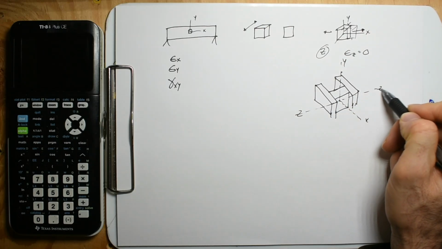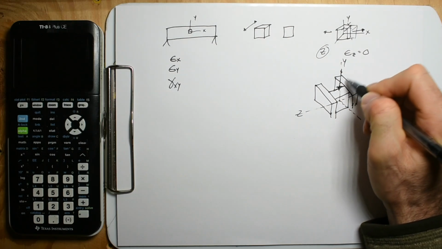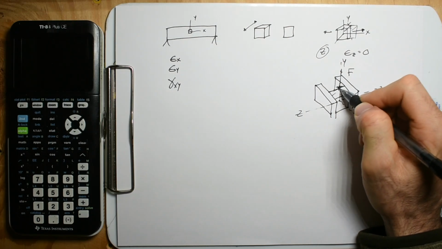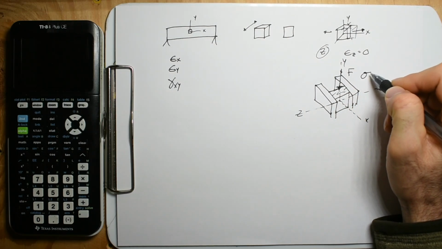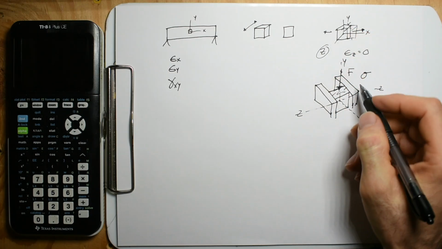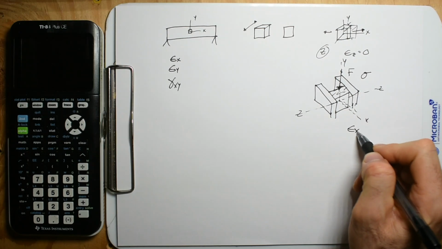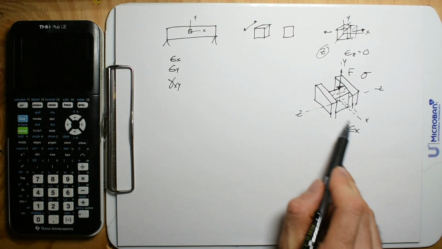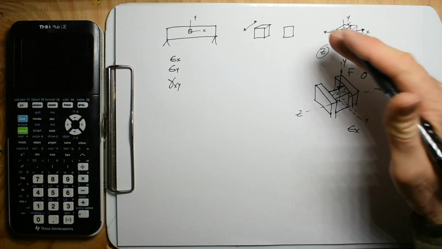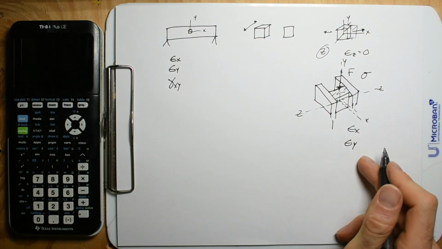So this would be the negative z. If I put a force down on here, a force down over this area is going to be a normal stress, where you have pressure, and that's going to cause a bulging out. We're going to have a change in length in the x direction, because we're obviously pushing down on it, and a change in length in the y direction.